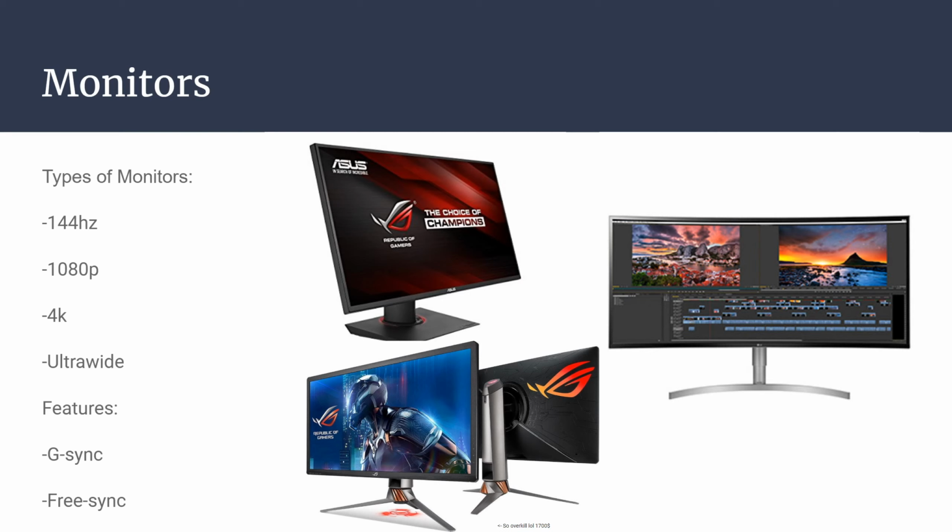But again, depending on your profession, or if you need something specialized, like an ultra wide monitor because you're looking at timelines if you're making YouTube videos, I would get an ultra wide. Or if you need to do color calibration or photo editing, I would get a color accurate monitor, which is certified by someone like Calman or Pantone. And then there's also features like G-Sync and Freesync. So this depends on what you need your monitor for.